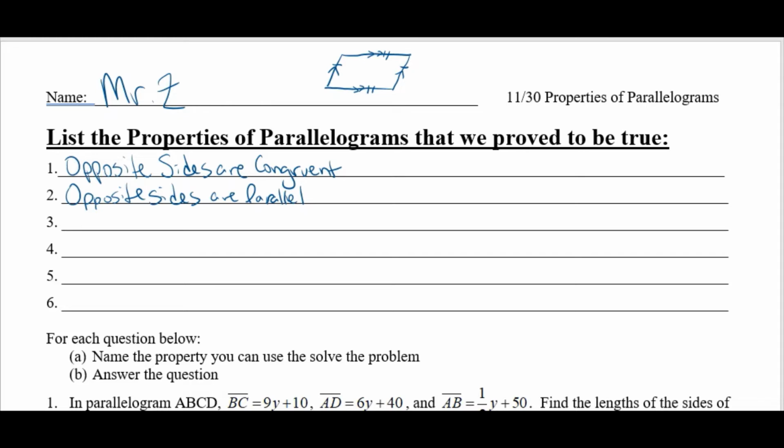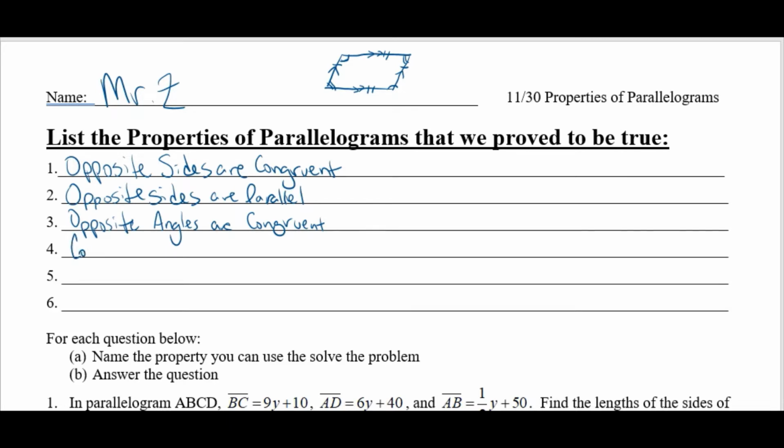Now there's another one here that the angles, so the angles that are across from one another, okay, are also going to be congruent. So opposite angles are congruent. Okay, and because we have parallel lines, these angles that are right next to each other are same side interior, and they are supplementary.